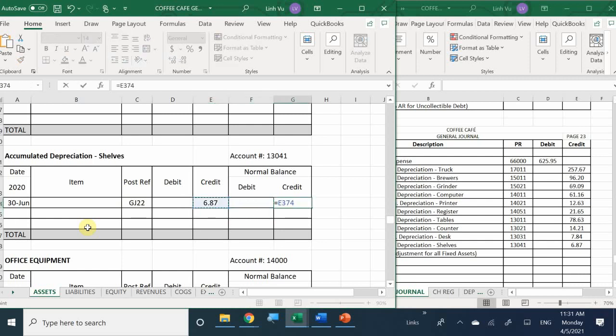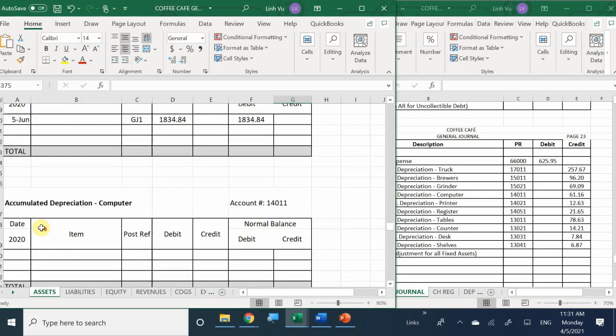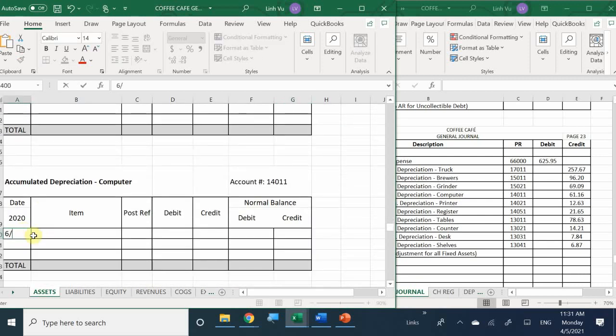Good. Now we're going to go backwards. What is my accumulated depreciation for my computer? 61.16. Good.